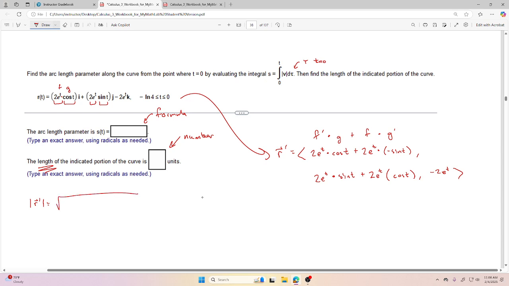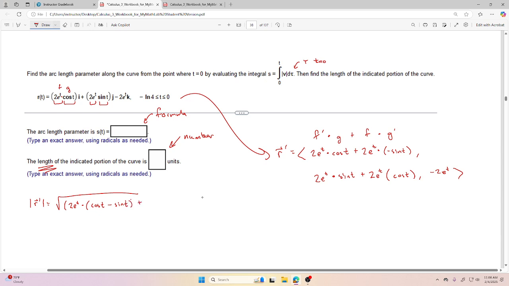Okay, so let's do this thing. I'm gonna start putting this stuff in. I'm gonna factor out a 2e to the t and leave a cosine minus sine.